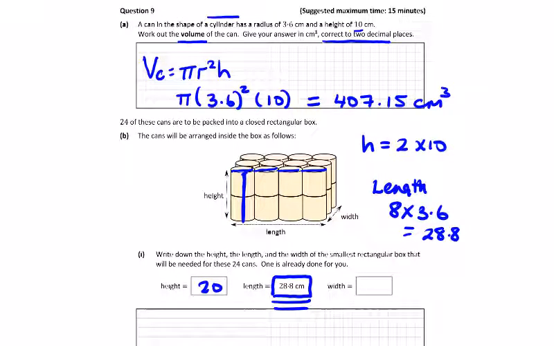And then the width, what have we got going on with the width? The width is this way, 6 radiuses, 2, 2 and 2 all the way across. So 6 by 3.6 is 18, and 3.6, which is 21.6 for the width.